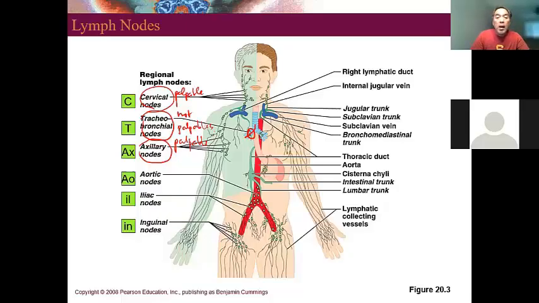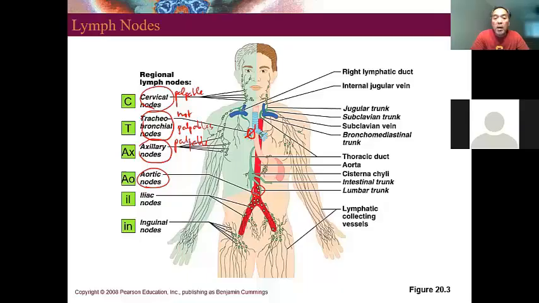Now the next node is located deep inside the abdominal cavity. That is called the aortic nodes. It's located at the terminal end of the abdominal aorta. Any infection located within the abdominal organs will be drained by the aortic nodes, such as gastritis, infection of the large intestine, small intestine, and any infection of the pancreas.